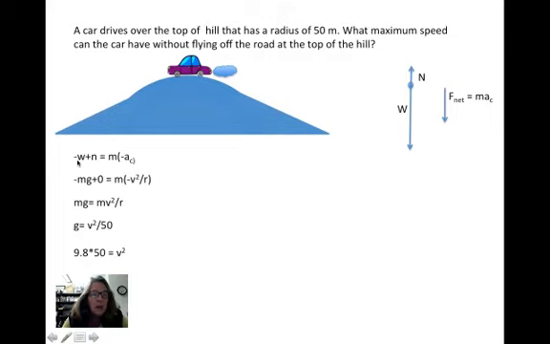So the equation is minus W plus N equals m a_c. With N going to zero and W replaced by mg, and minus v squared over r for the centripetal acceleration, mg equals mv squared over r. I cancel the m's, and g equals v squared over r. Putting the values in, 9.8 times 50 is v squared, and I solve for v at 22 meters per second.